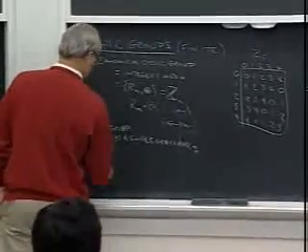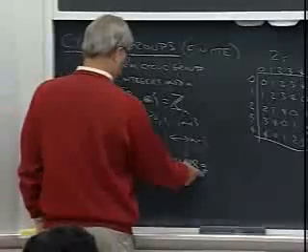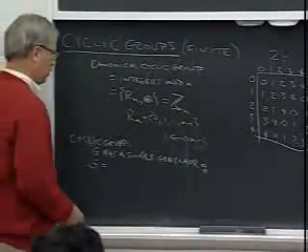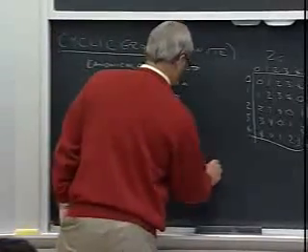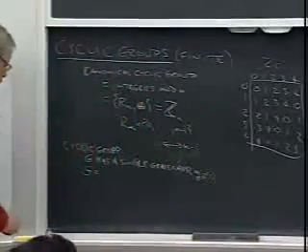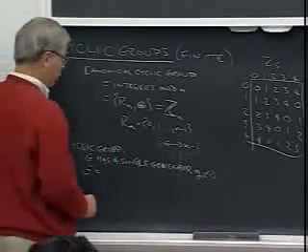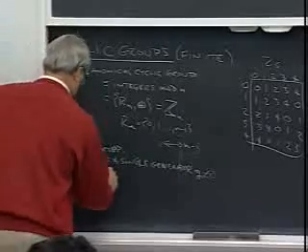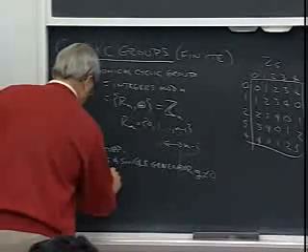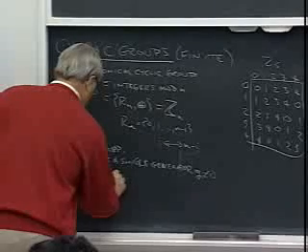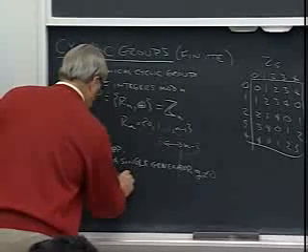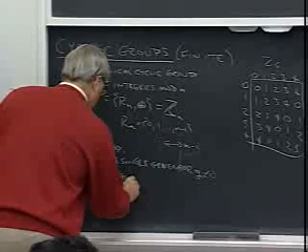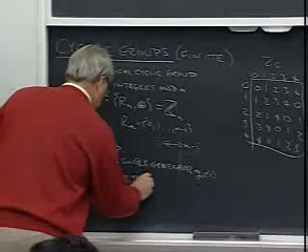G is, what does that mean? If we know that G contains g, and this is never going to be equal to 0, then we know that G contains 2 elements at least, 0 and g. And by the group axioms, G contains g, g plus g, g plus g plus g.